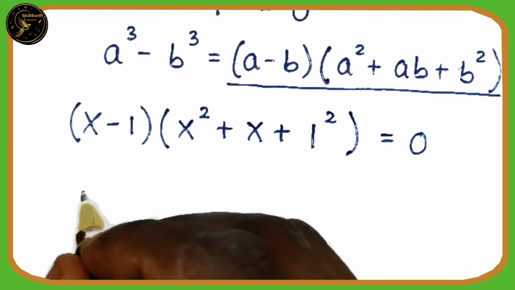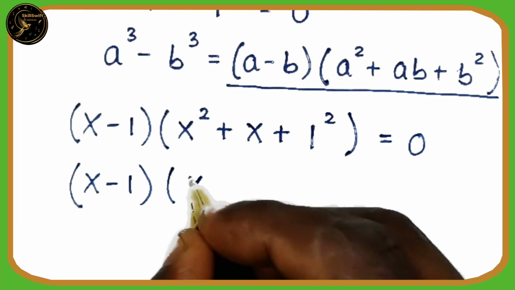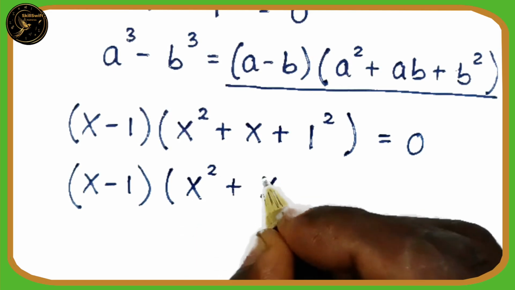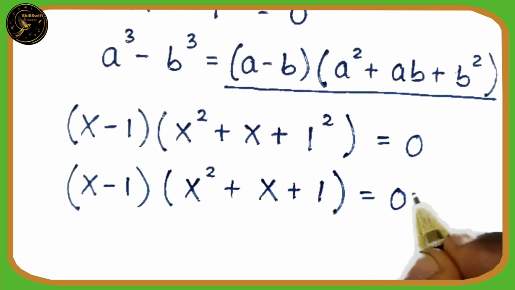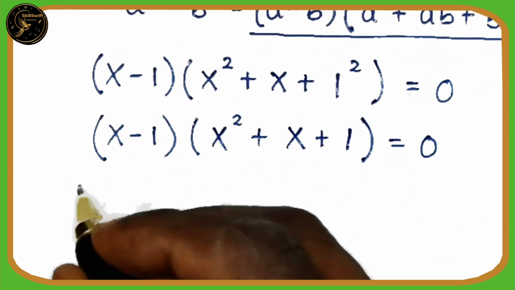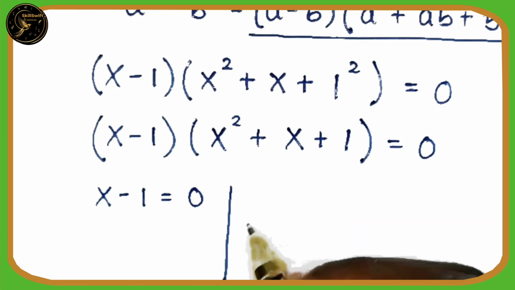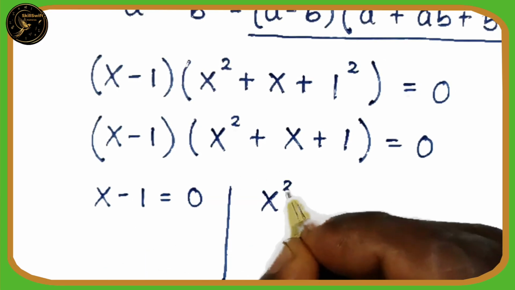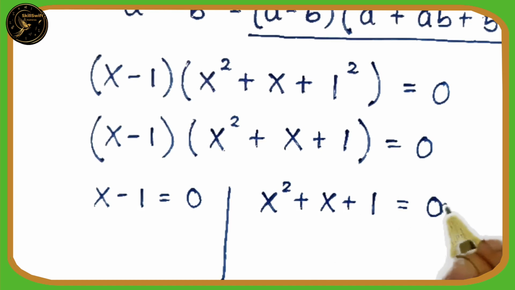Then it will be x minus 1, bracket, x squared plus x plus 1, bracket, equal to 0. Then we have two solutions: the first is x minus 1 equal to 0, and the second is x squared plus x plus 1 equal to 0.